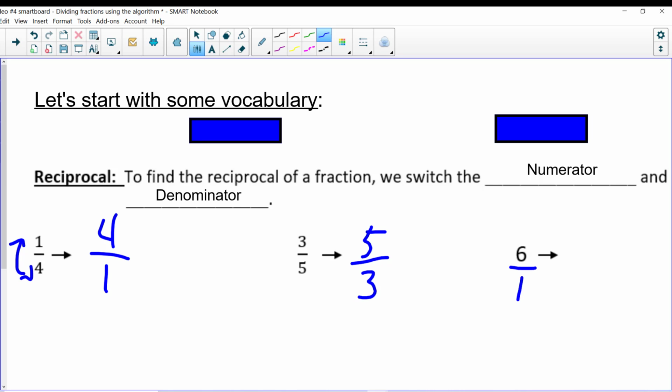So if that's what it would be, now I just need to switch it to find the reciprocal, which would then be 1/6. How'd you do? If you need to, make corrections. And if you forgot to make a whole number into its fraction form, putting a 1 in the denominator, make a little note to yourself on your paper to remind yourself.